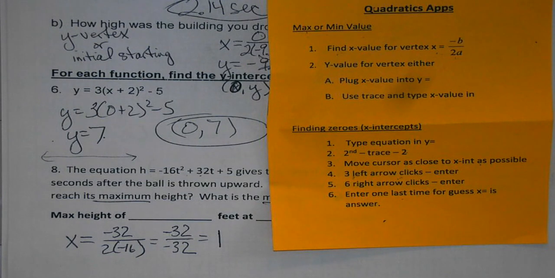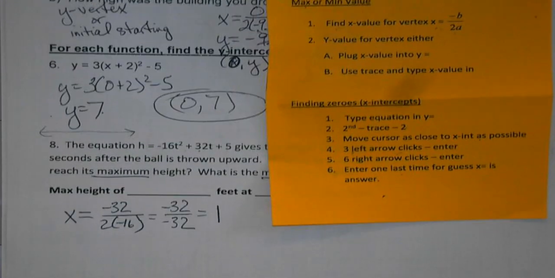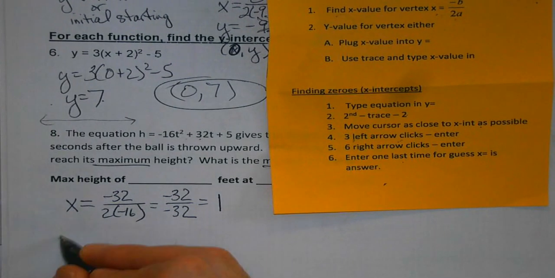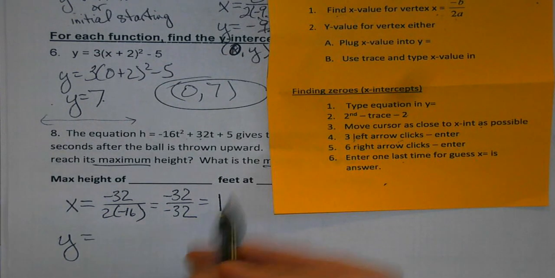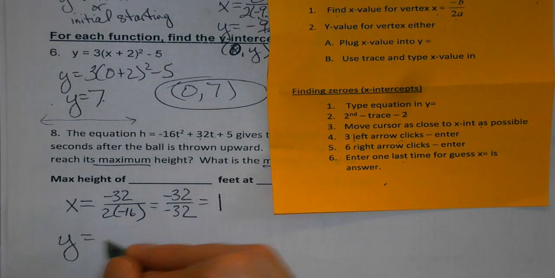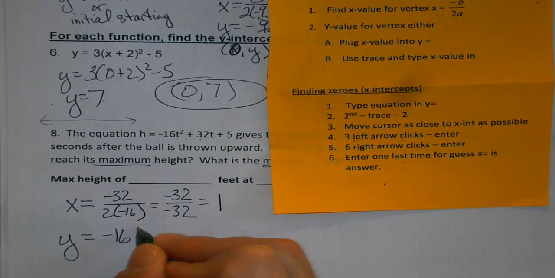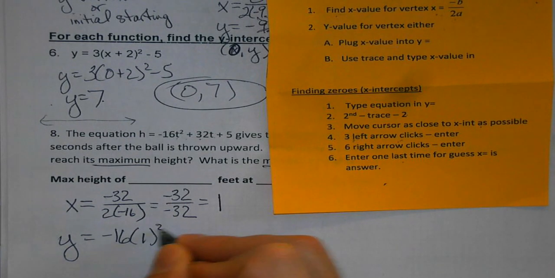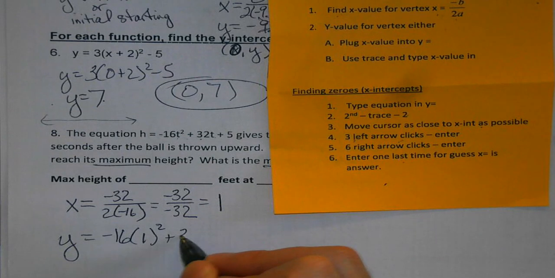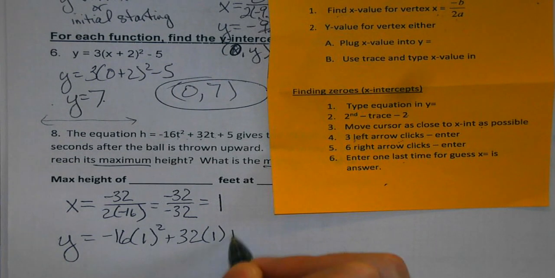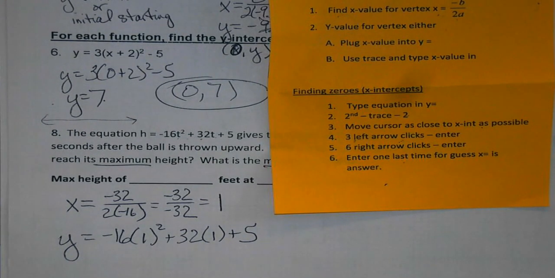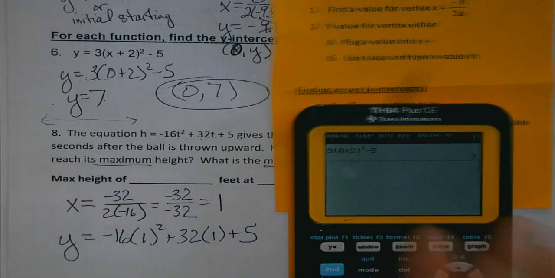My x. Then to get my y, I just plug the 1 in where the variables are. And then I'm going to talk to you about how I can easily tell which number goes in which blank here. And I'm assuming we're probably going to type that in the calculator.